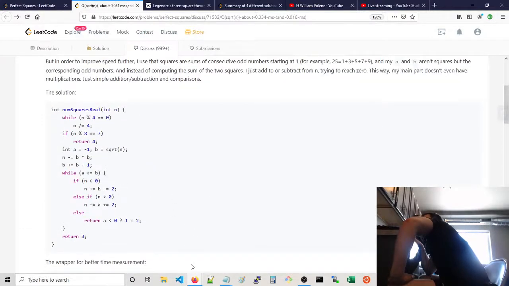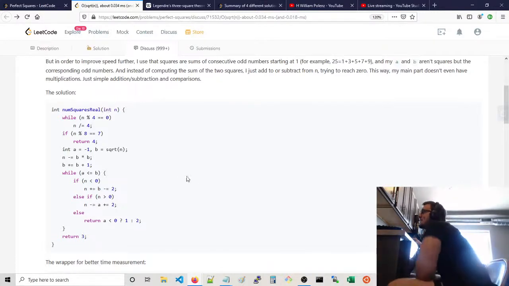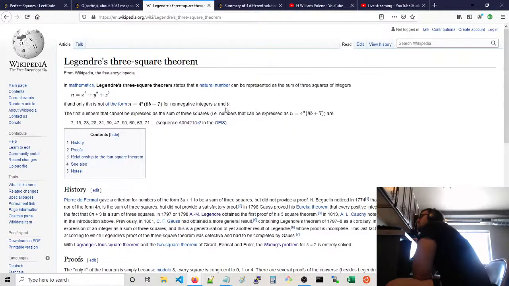Yeah, I'm struggling. I should say I don't understand the solution. That's it. I don't get it. I don't get it. What? Use the fact that 4s are always sufficient, and the fact that 4s are only needed for numbers of this form. Oh, how did you get there? Oh, it's if and only if. No, wait.